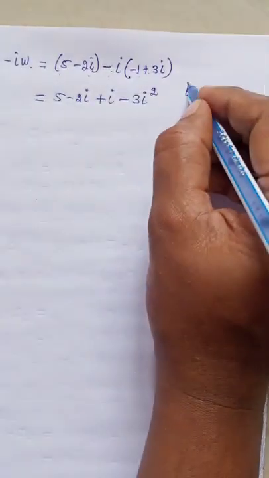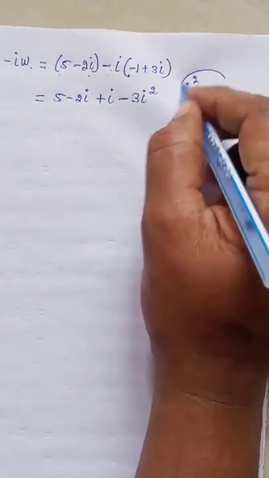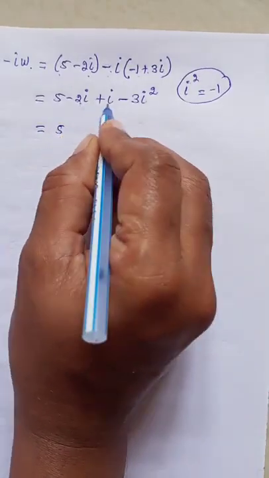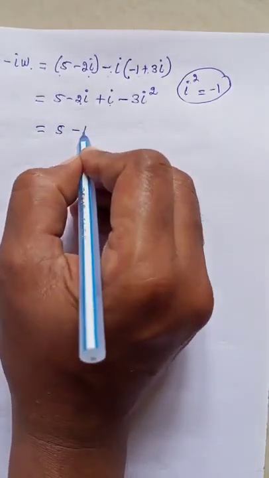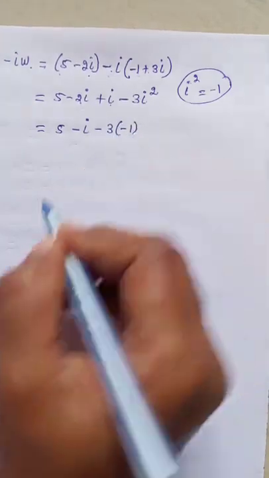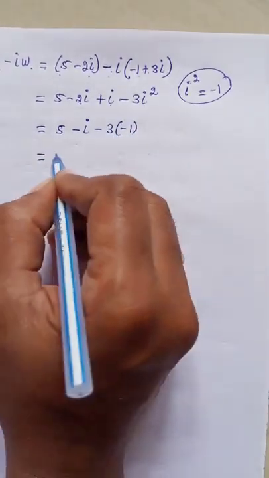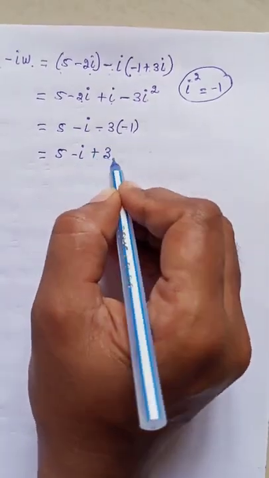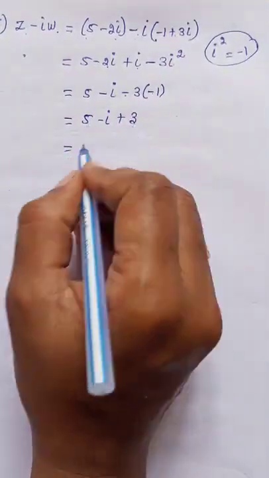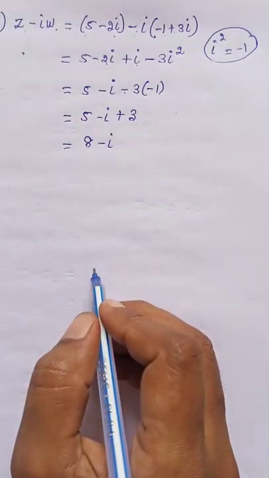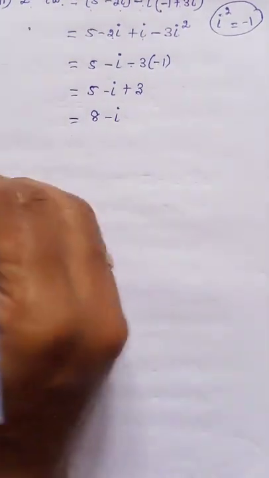We know i squared is minus 1. So 5 minus 2i plus i, that is minus i, minus 3 into minus 1. So 5 minus i plus 3, that is 8 minus i. This we have brought into complex form.